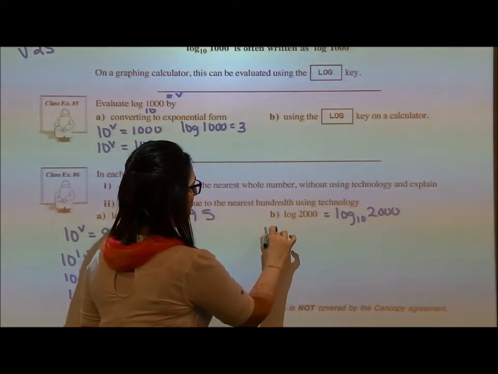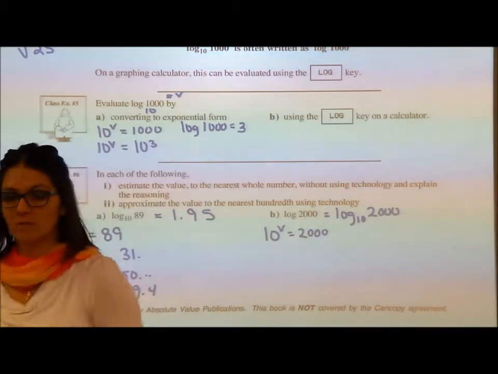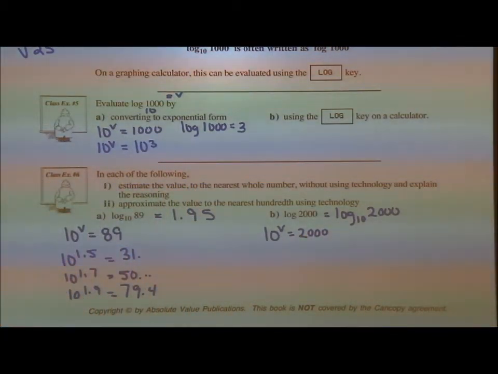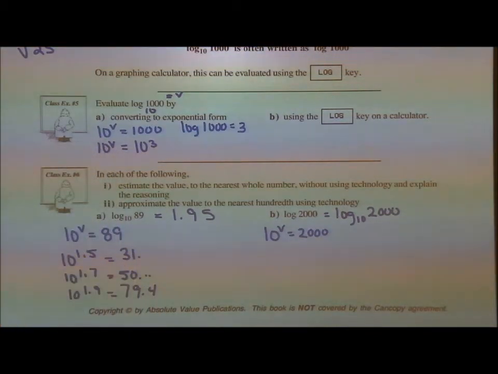which then means it's 10 to what power equals 2,000? So what whole number would get me close to 2,000? 10 to the power of what? 3.